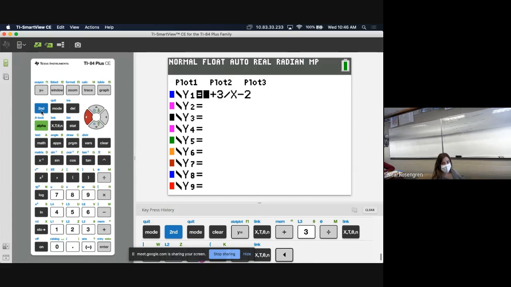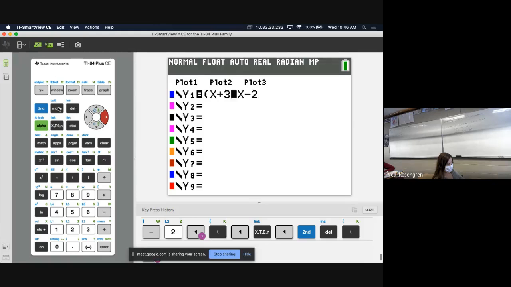Watch what happens. It goes from a blinking black box to just a blinking x. And when I type the parentheses, it will slide it all over instead of replacing it. Now, I have to do it again, right here I have to insert a parentheses, and right here I have to insert. It might have just been as much work to retype the whole thing, but if you make one little tiny mistake, sometimes insert can be really nice.